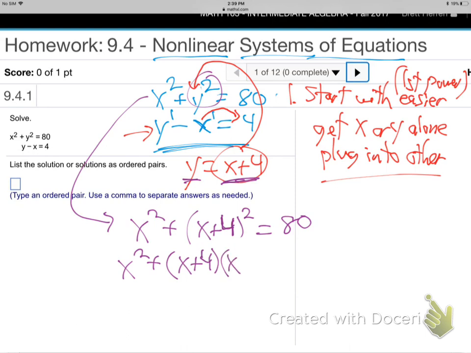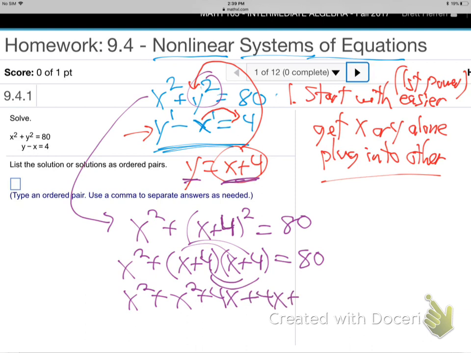So that means (x plus 4)(x plus 4). Boom, boom. We good to there?